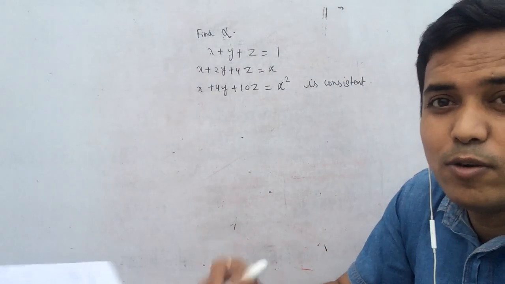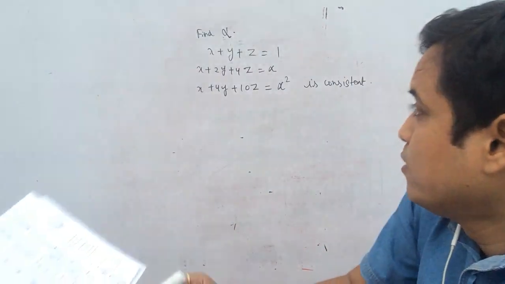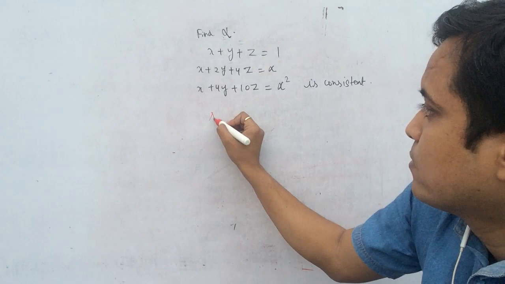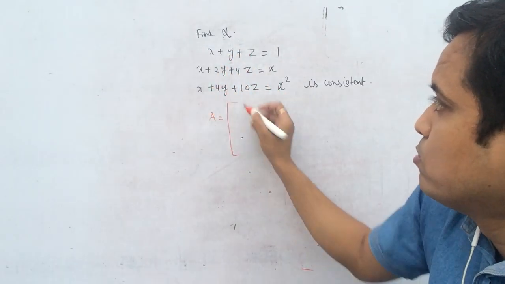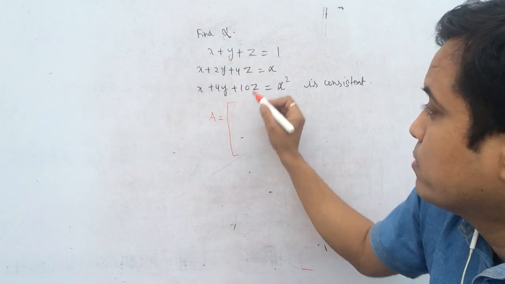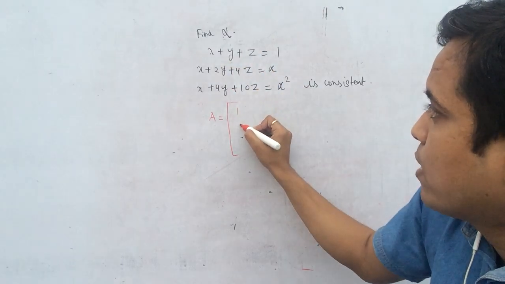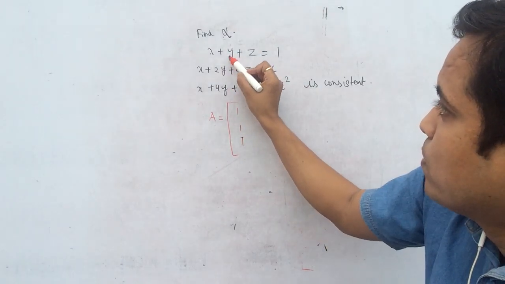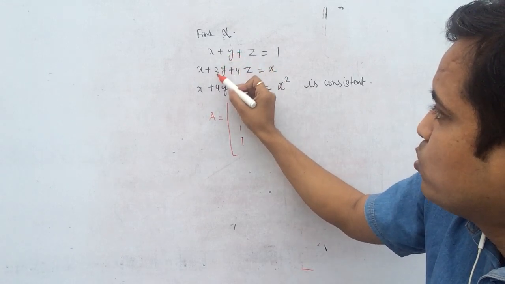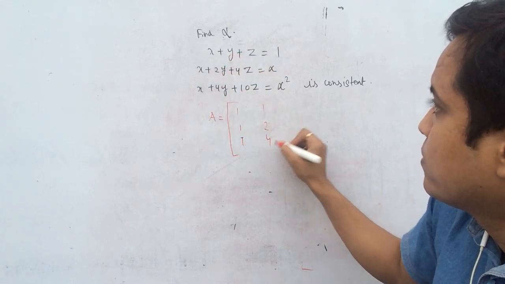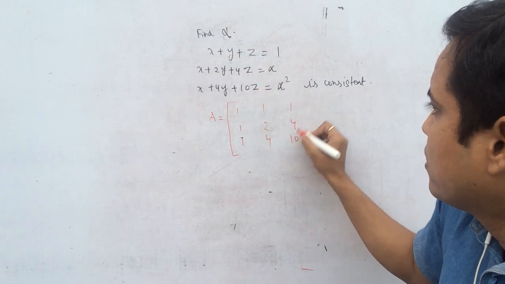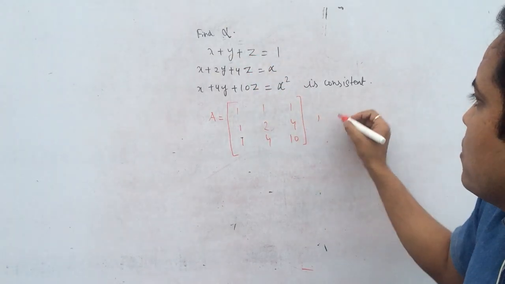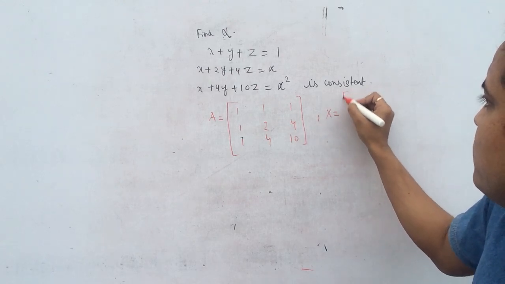If you want to find this, you need to first write this system of linear equations in matrix form. Here A is the coefficient matrix: 1 1 1, then the coefficients of y, 1 2 4, and the coefficients of z, 1 4 and 10. And what is the variable matrix?